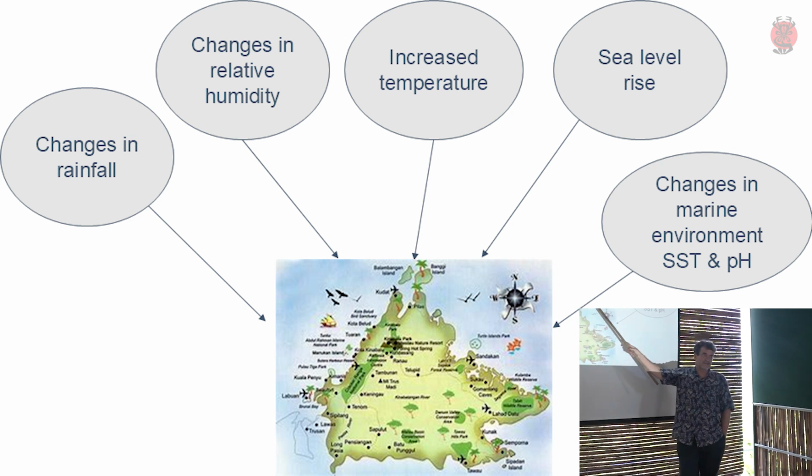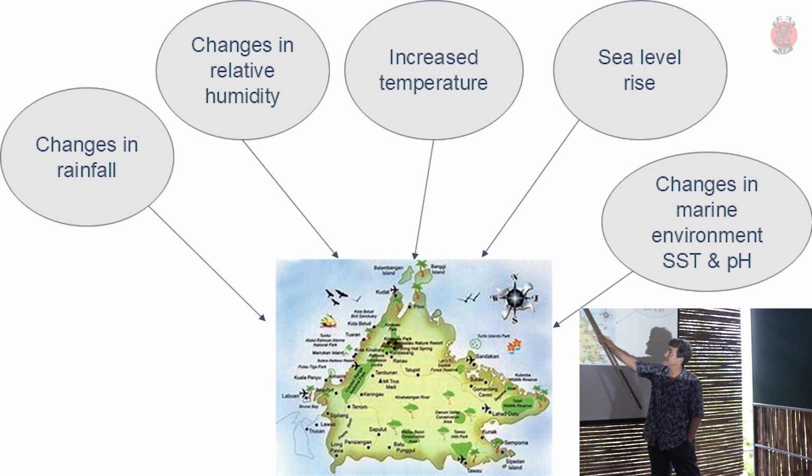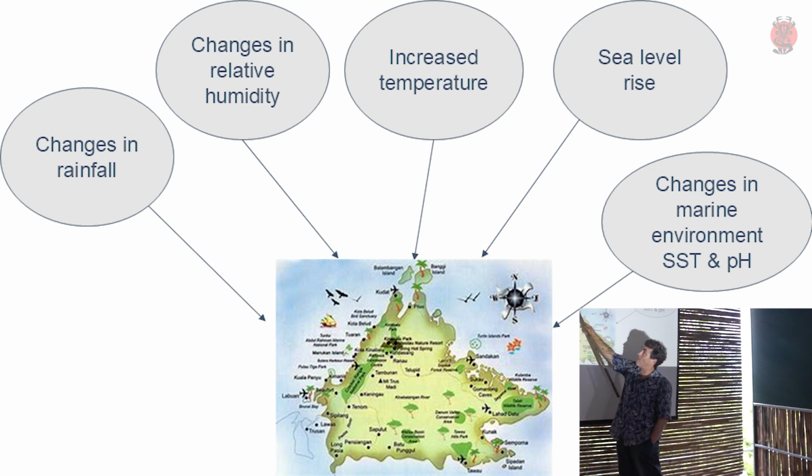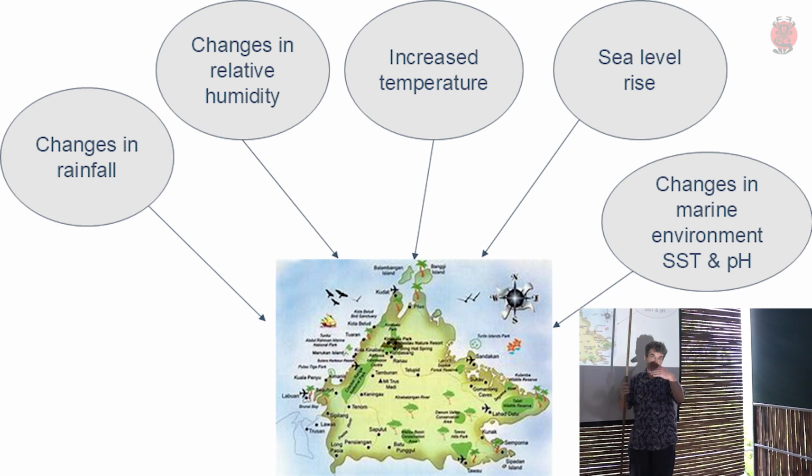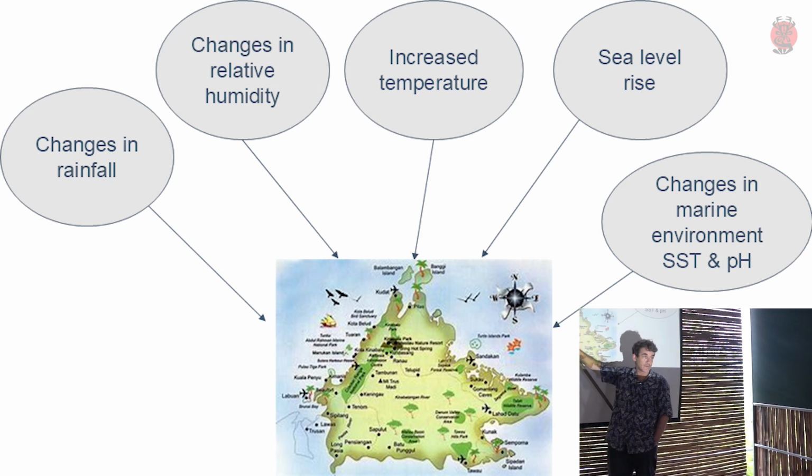The hotter it is, the more moisture the atmosphere can retain. And this means that relative humidities are projected to also potentially increase. More water in the atmosphere and also changes in airflows are going to result in changes in rainfall patterns.